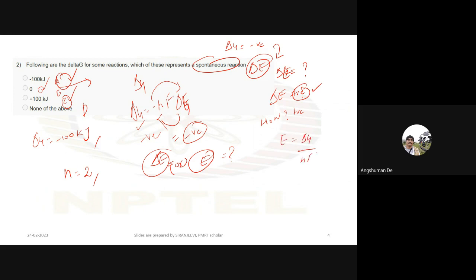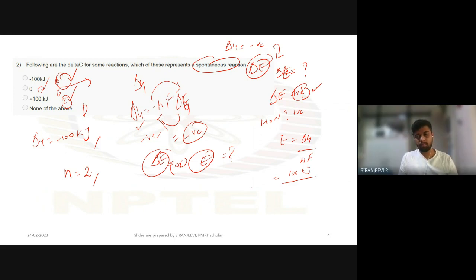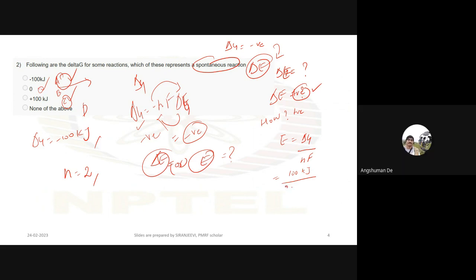Delta G is 100 kilojoule, so 100 into 10 to the power 3 joule divided by n, which is 2, into F. F is Faraday's constant, which I think is 9 point something into 10 to the power. So after calculation, that comes to the answer.